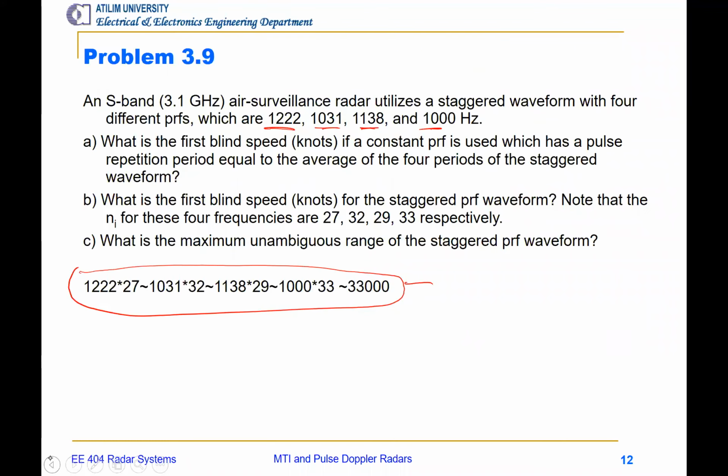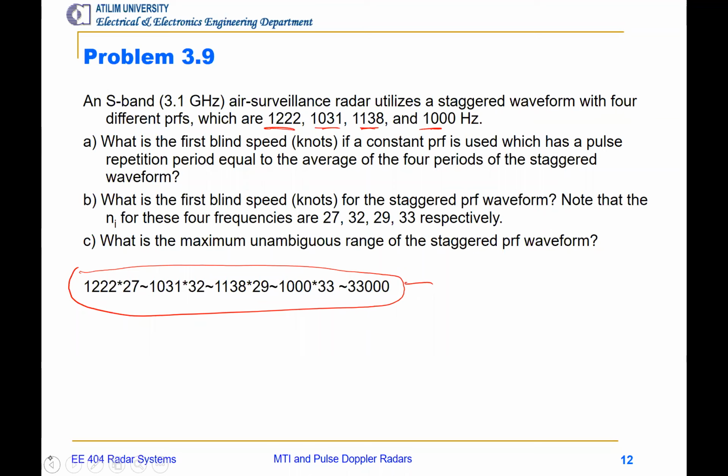Okay, usually there should be somehow an algorithm that can generate these numbers. So if we tune the PRF values, then there should be a computer search algorithm that can determine the blind speed for any number of PRF values. Okay, it's not that easy to find a number here.